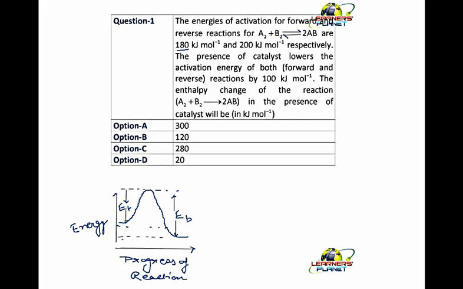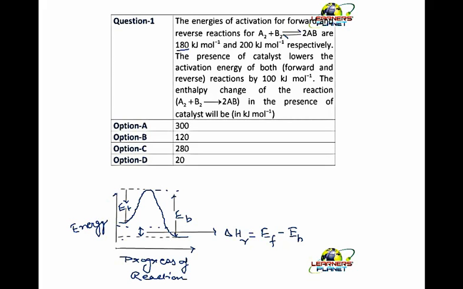See, this particular thing is the enthalpy of the reaction, that is this, so this is your delta H. So your delta H of reaction is equal to E forward minus E backward.